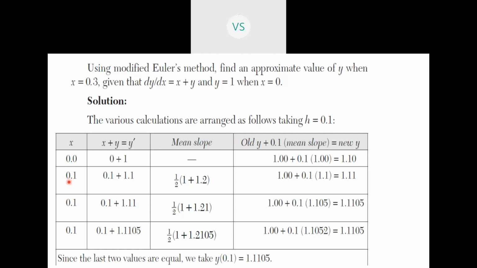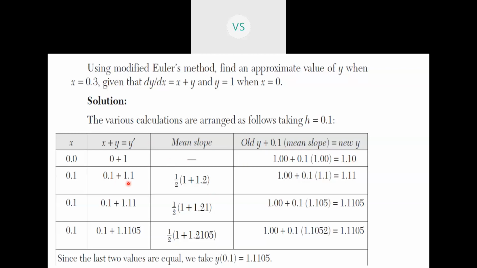Now the next value of x is 0.1. You have to substitute it over here in this equation. So x is 0.1. What is the value of y0? y0 has the value 1. But from this first equation, you got the value of y as 1.10. This is the new y value which you are going to consider over here.